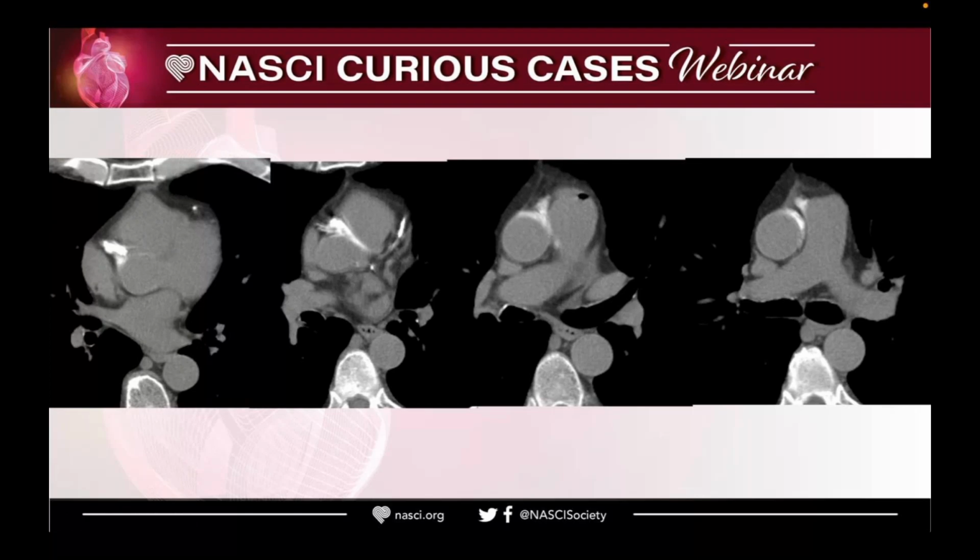So immediately they placed a stent in the proximal RCA, and they referred the patient for the CT scan. This is the stent in the proximal RCA, and you start to see a high density material along the aortic root, extending along the pulmonary artery wall as well, and extending superiorly to the level of the ascending aorta here.